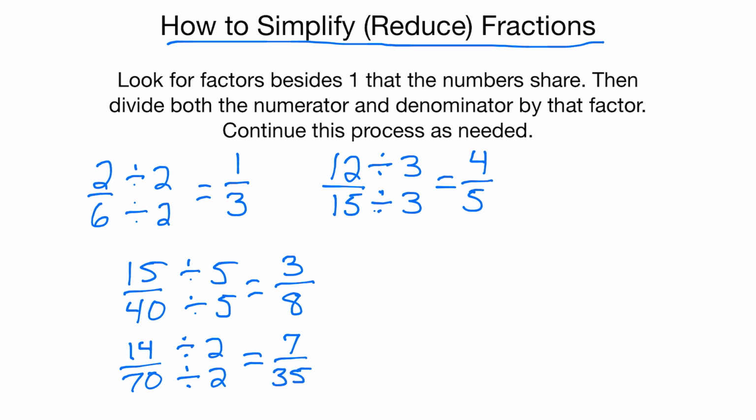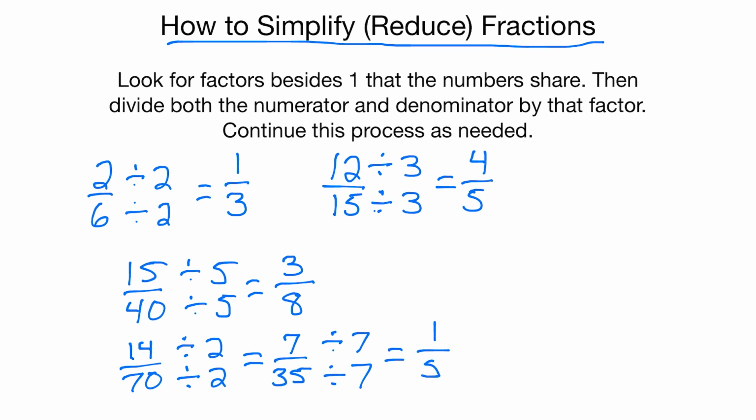But both of those numbers now have a factor of 7. So we can divide the top by 7 and the bottom by 7. 7 divided by 7 is 1. 35 divided by 7 is 5.